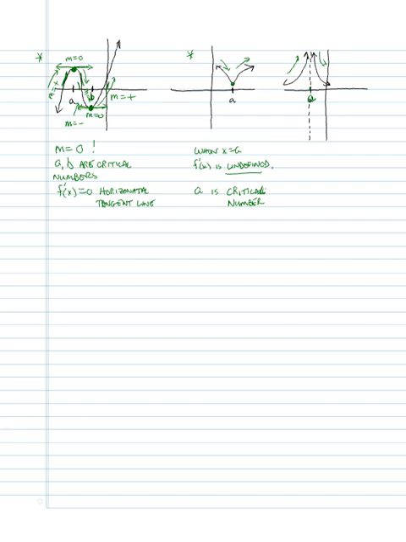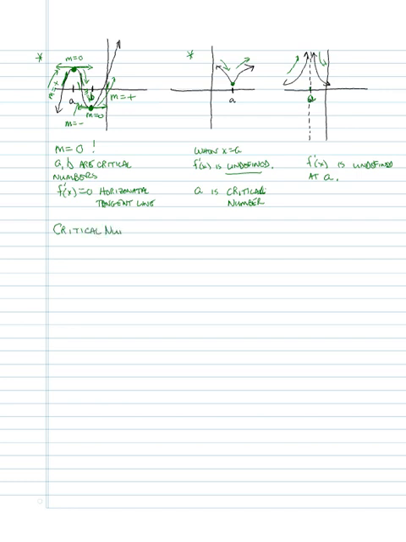A is a place where we can have a change. There's something important about A, and of course, f prime of x is also undefined at A because the function's undefined.